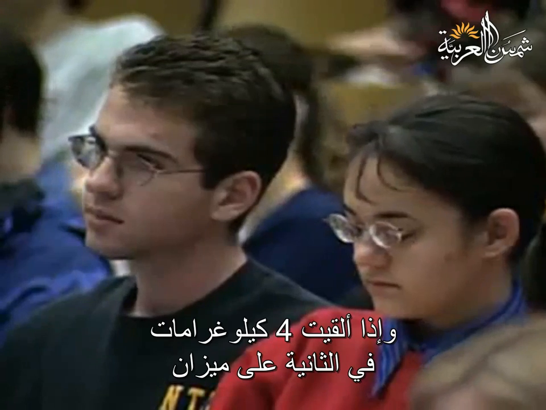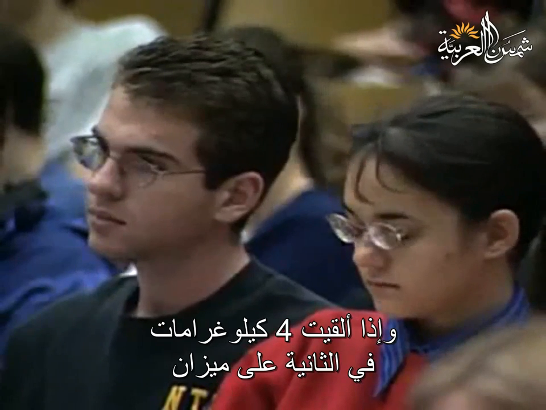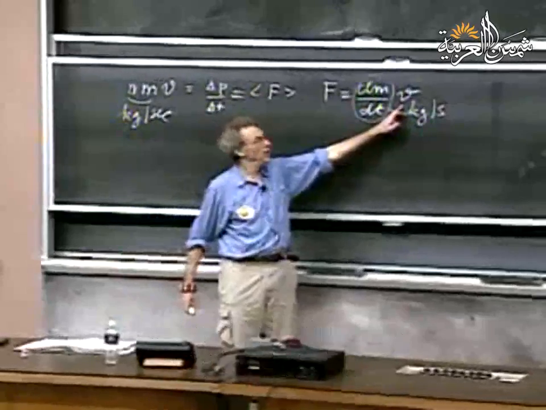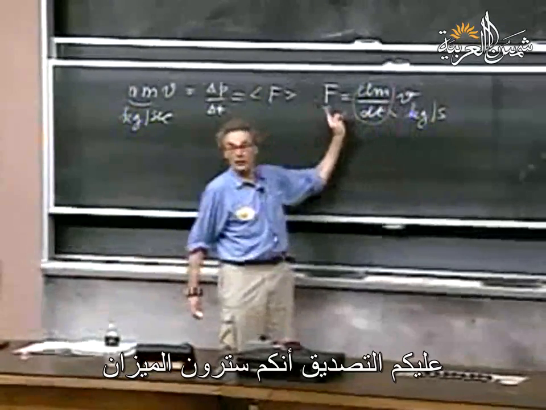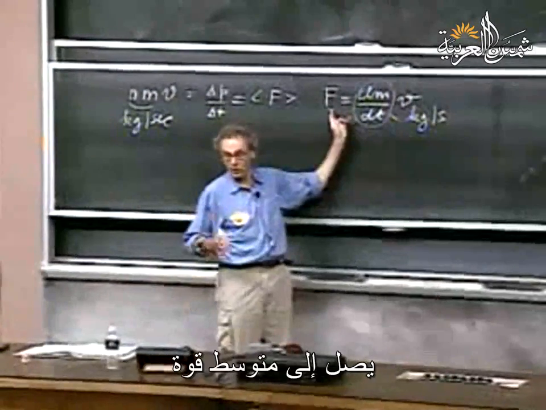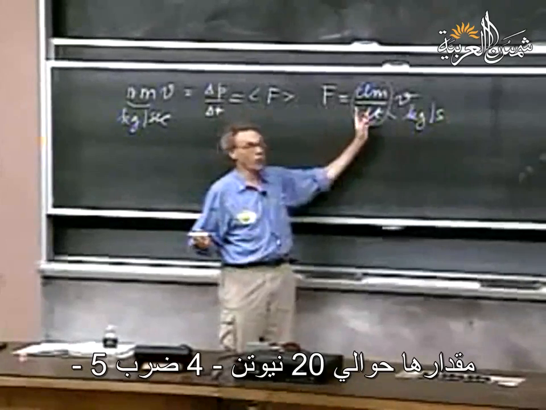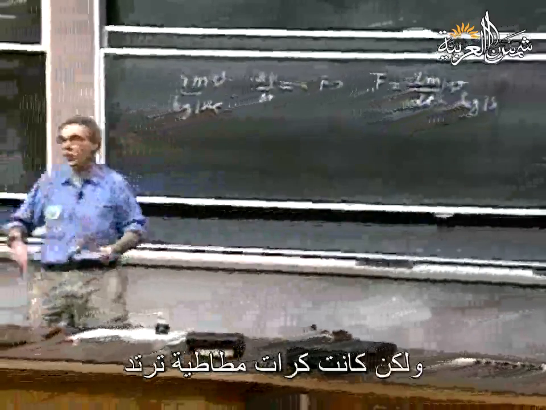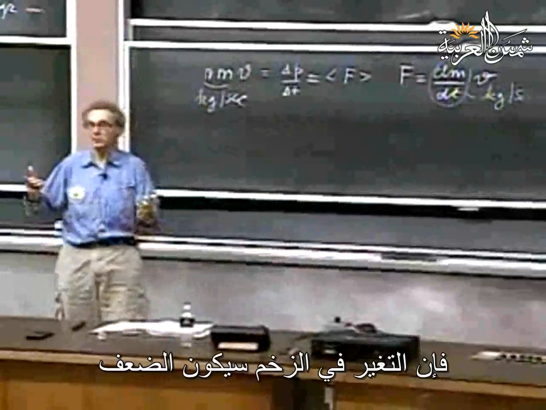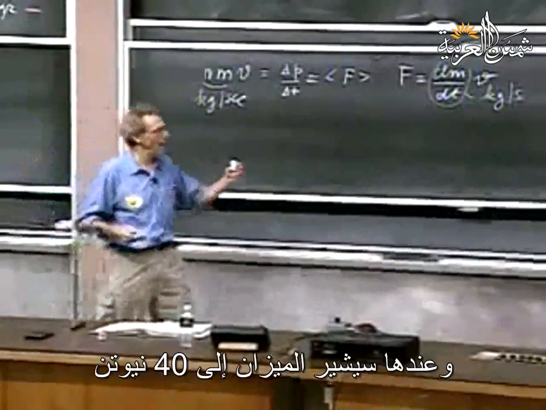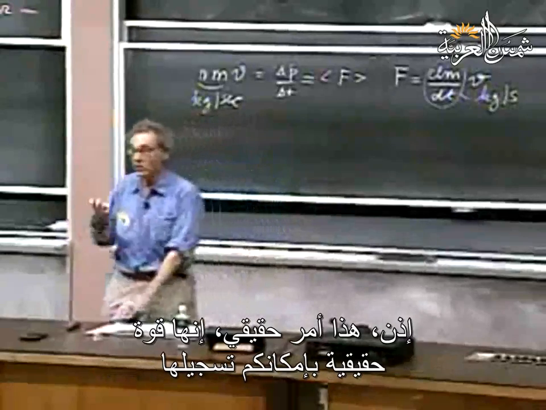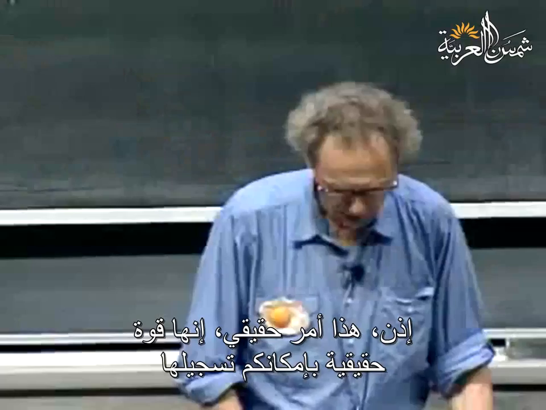And if I threw 4 kilograms per second on a bathroom scale, and they hit it with 5 meters per second, you better believe that the scale will reach an average force of about 20 newtons. 4 times 5. If they were super balls which would bounce up, then the momentum change would be double, and so the bathroom scale would indicate 40 newtons. So this is a real thing. It's a real force that you can record.